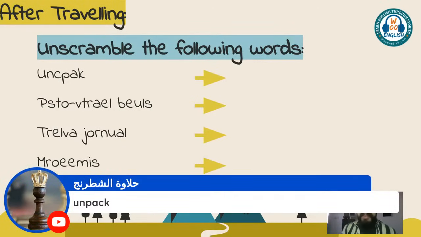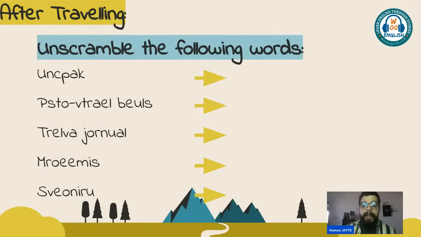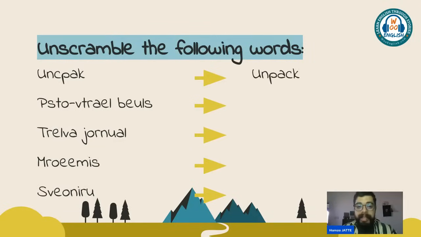So he says that the first one is unpack. Do you agree with Amin? This is something that we do after we travel. So I will reveal the first one just to give you an idea about this. Yes. So the first word, if we order the letters, will be unpack.